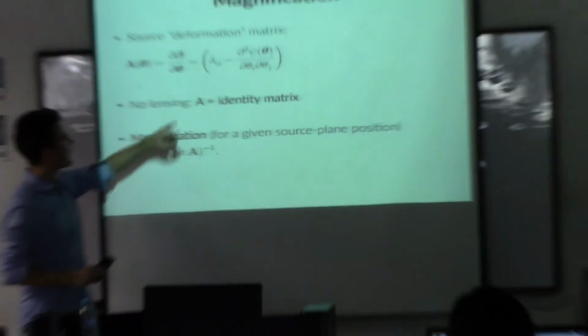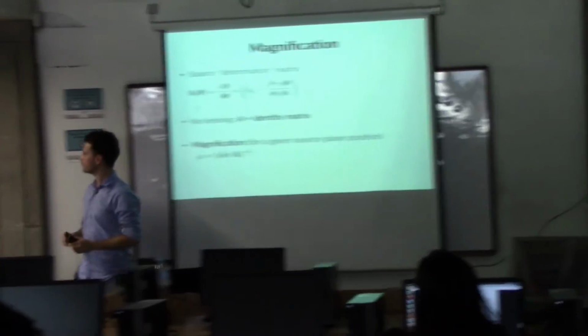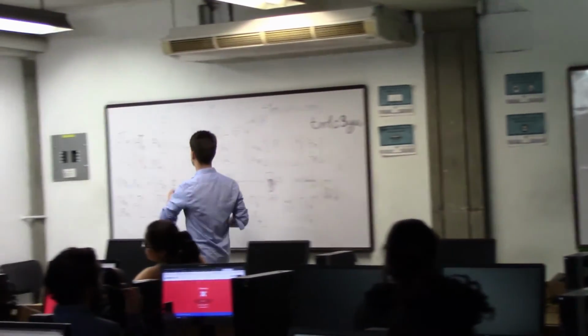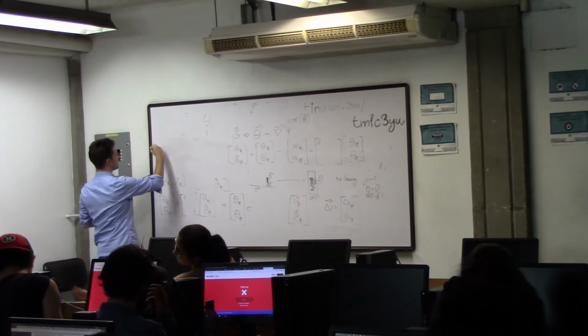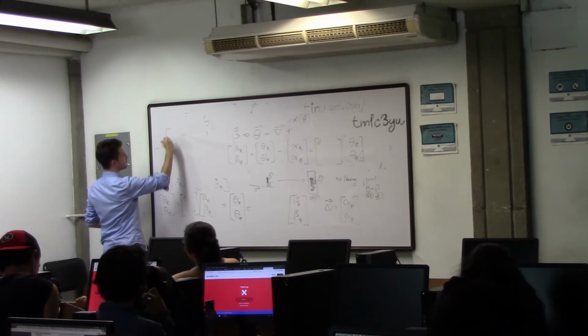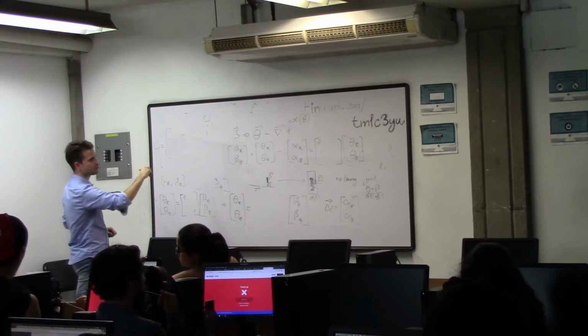What I wanted to say is basically, we will now have a transformation matrix. A equals, if you expand that, there's a delta function.